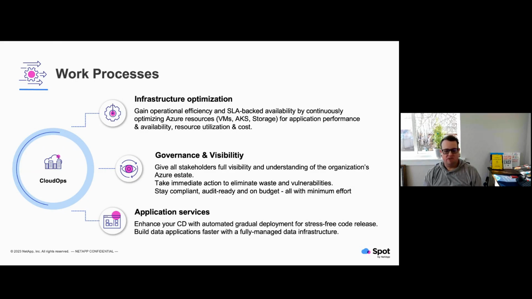This gives your stakeholders, like we said, full visibility and understanding into what is going on in your Azure cloud estate, and allows you to take immediate action to eliminate that waste and vulnerabilities, and enhances your CI/CD pipelines with automated gradual deployments, making it so that your teams are focusing on the most important aspects of your day-to-day operation.